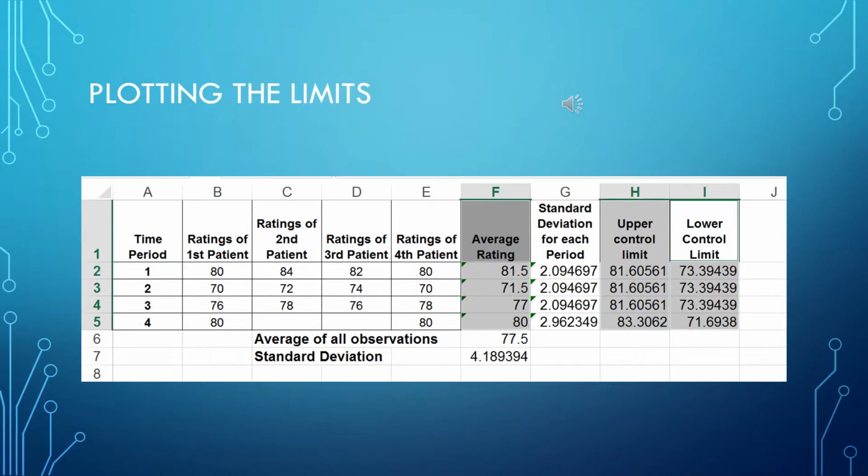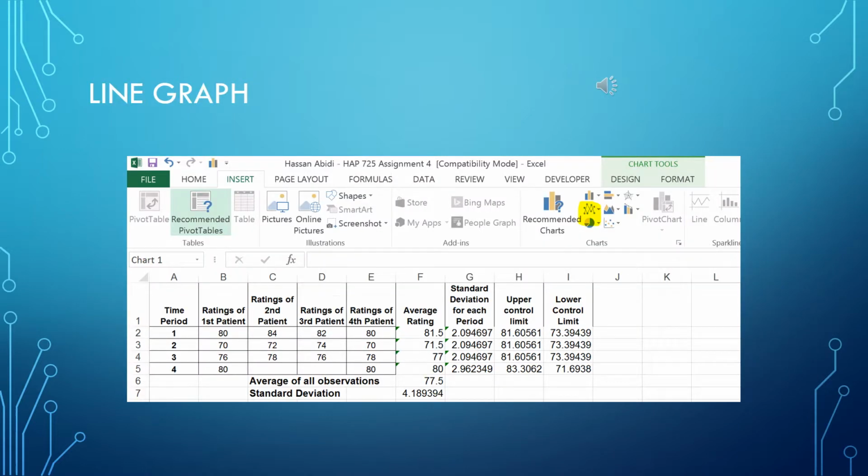So for our next step, we are going to be plotting the limits, and for this, our 3 main columns that we are going to be using are average rating, upper control limit, and lower control limit. So you'll want to take the 3 columns, average rating, upper control limit, and lower control limit.